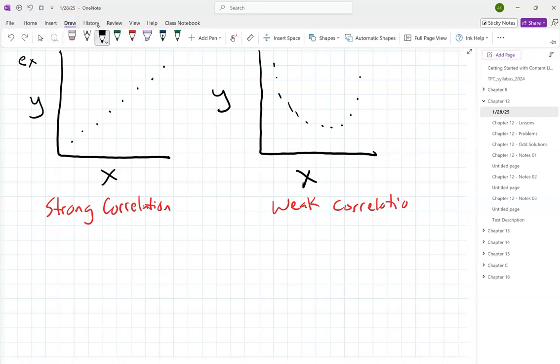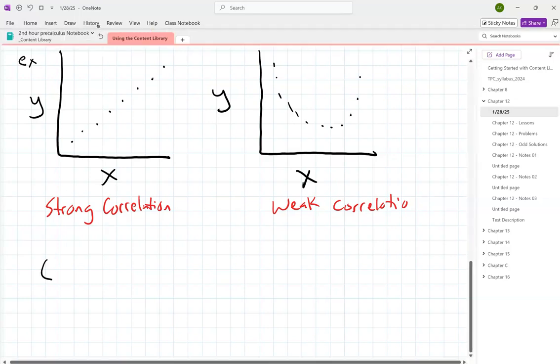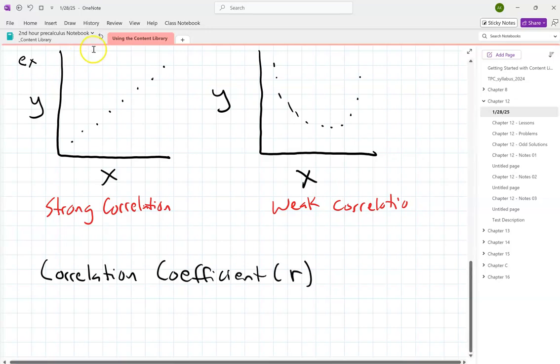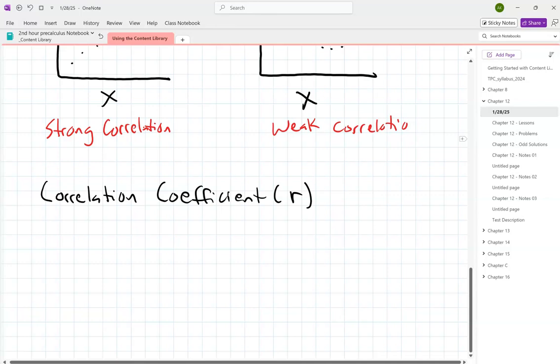Now, we can do better than just looking at it with our eyeballs and talking about strong and weak correlations. We can quantify this using something called the correlation coefficient, which we abbreviate with the letter R. So some facts about the correlation coefficient.